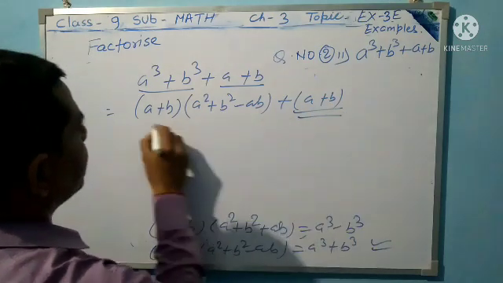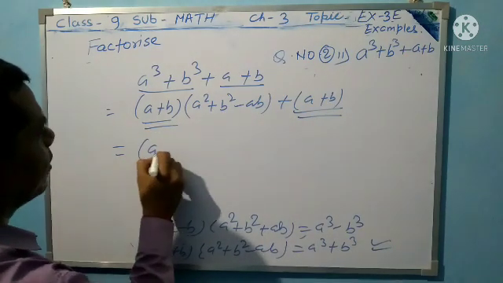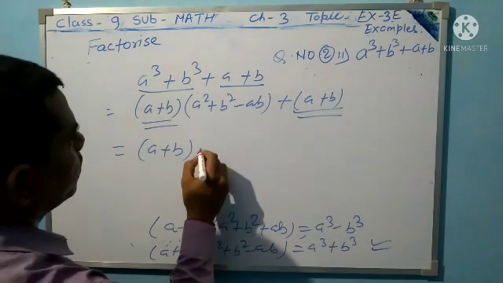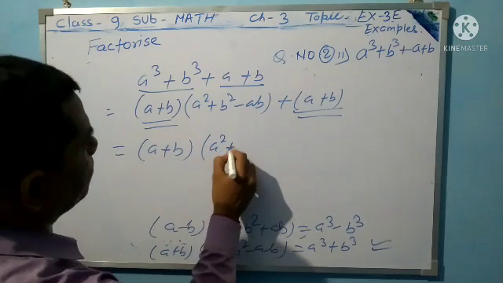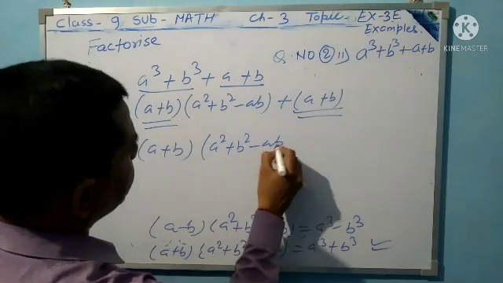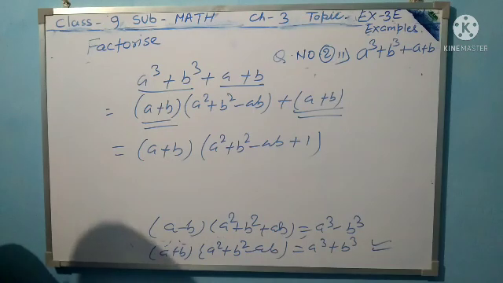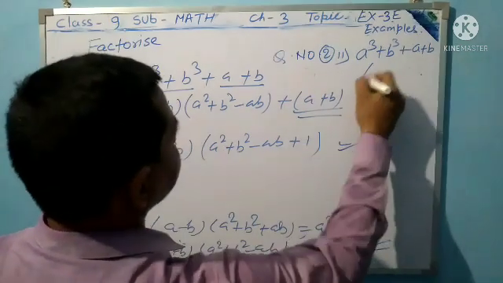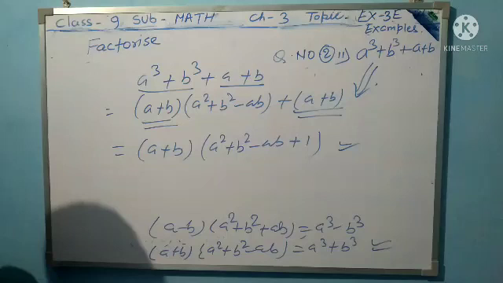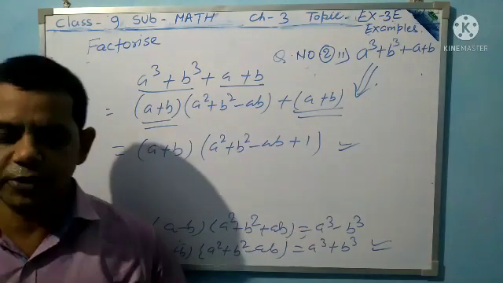So (a plus b) is common. So it is (a plus b) times (a square plus b square minus ab plus 1). This question is solved in this way, using factorization of these terms. Okay, that is the solution. Thank you.